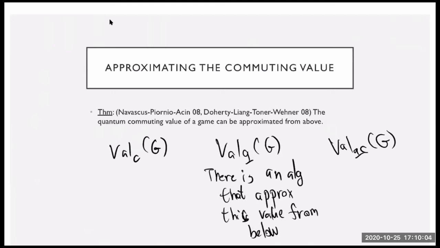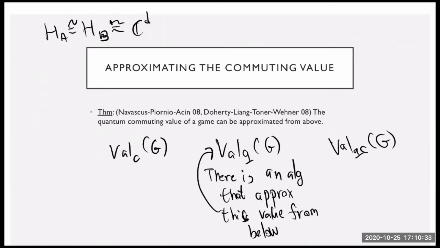Sorry, Michael, I wrote it here because I meant the thing about it. Okay, so how do you generate this algorithm? For any dimension, you think only on the case where H_A is isomorphic to H_B, is isomorphic to some C^d.